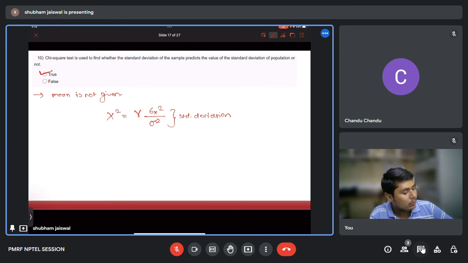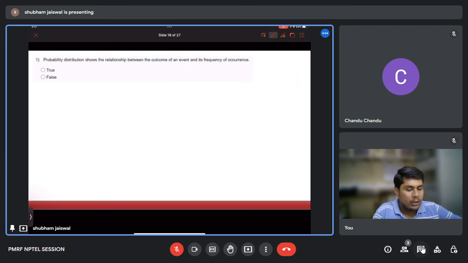So the chi-square test is used to find whether the standard deviation of the sample predicts the value of the standard deviation of the population or not. So it is true. Now moving to our next question.